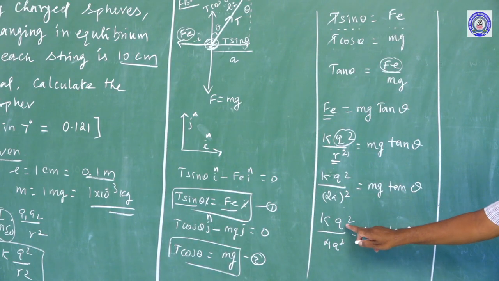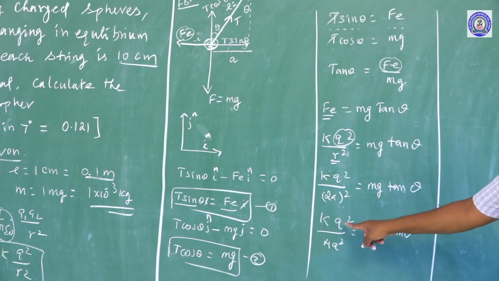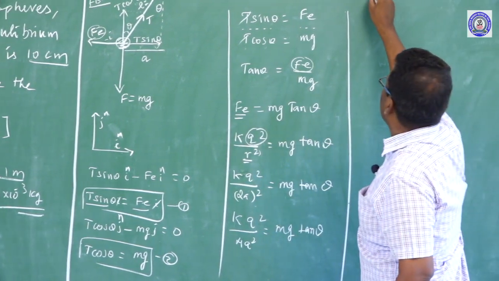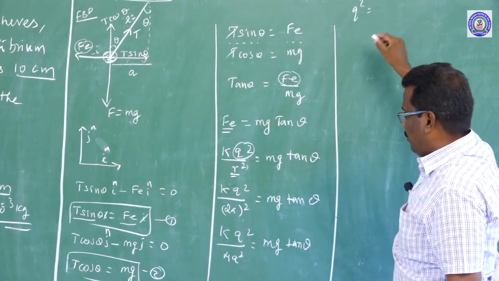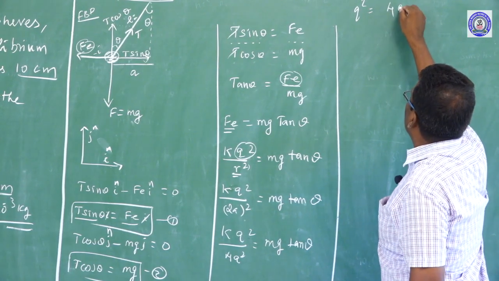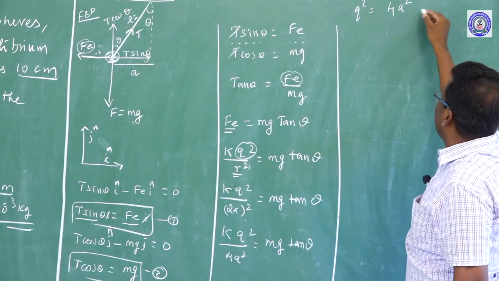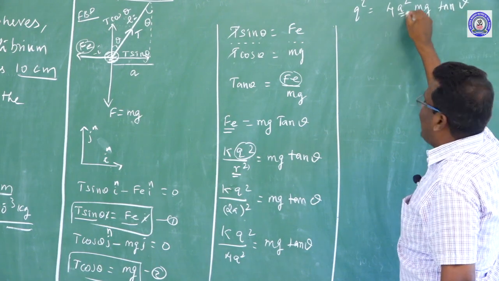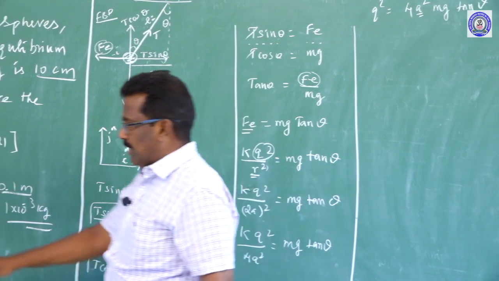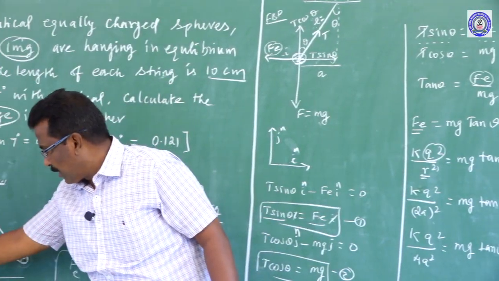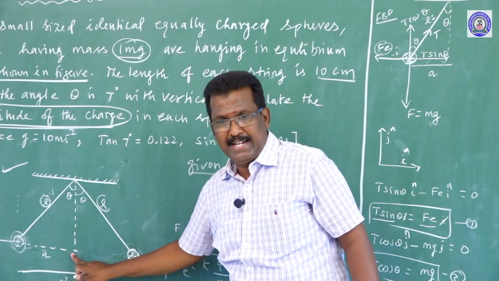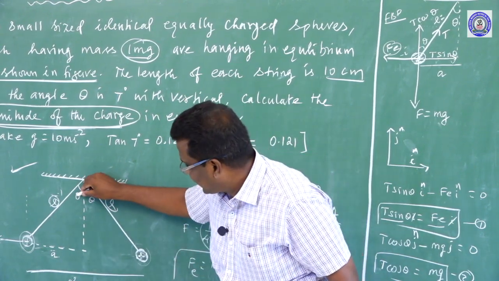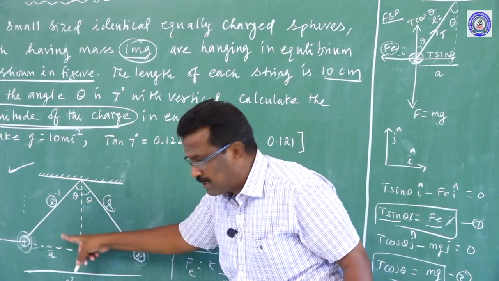Now calculate the Q square value. Q square is equal to 4A square mg tan theta by K. What is A? In this diagram, A is the distance between one of the charges and the center. How to calculate A? This is theta, A is opposite to angle theta.